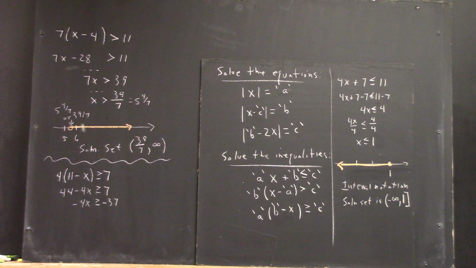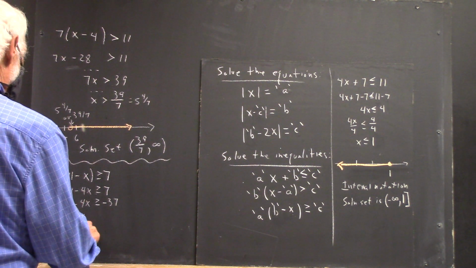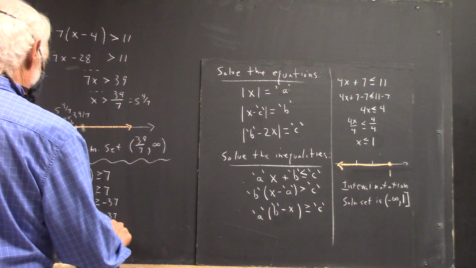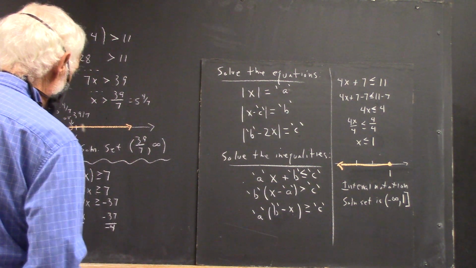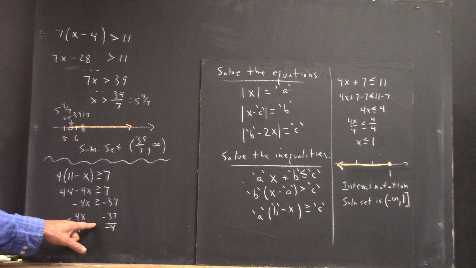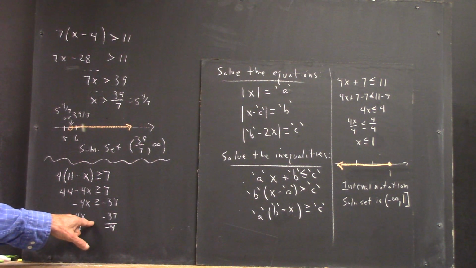Okay? Then you divide both sides by negative 4. Okay. This side and this side. And what's the inequality going to be? Going to be greater than or equal, or is it going to be less than or equal?